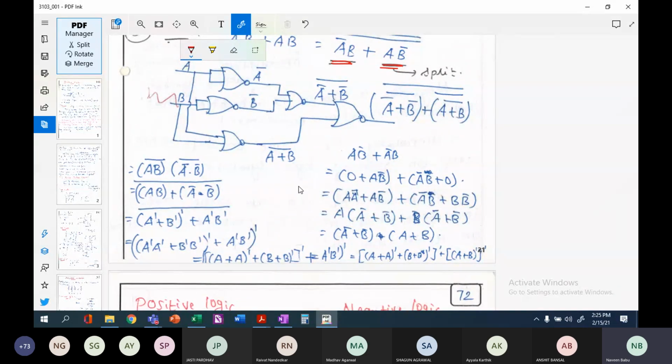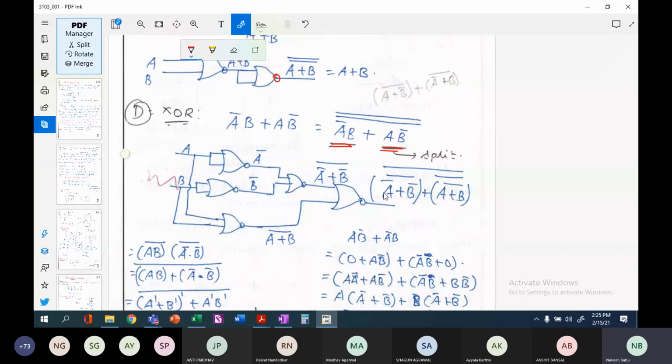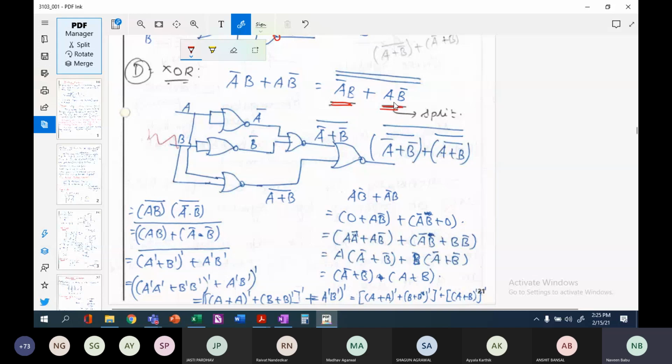You will also end up right, but the number of gates that are required will be very large. So you see here, the method of applying double bar has been used here. So first you will have to apply some kind of a boolean expression here, and then the double bar implementation has been done. Okay. All right.